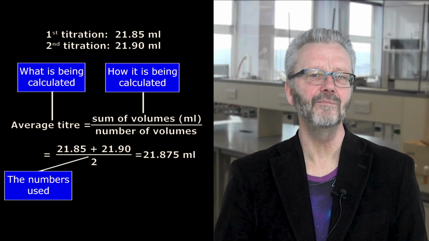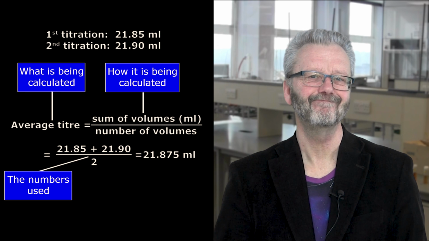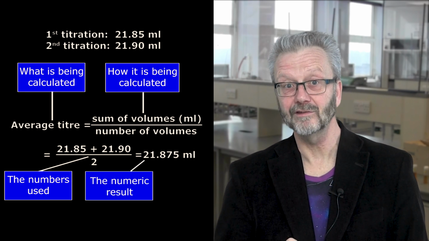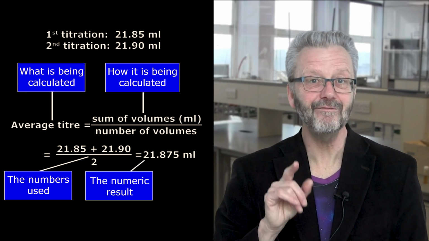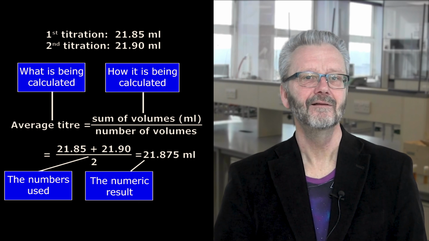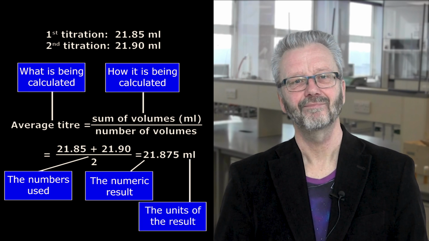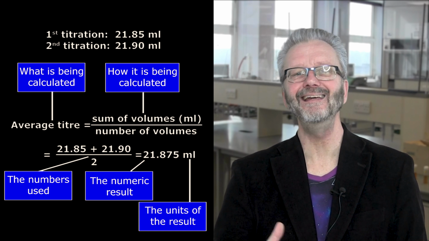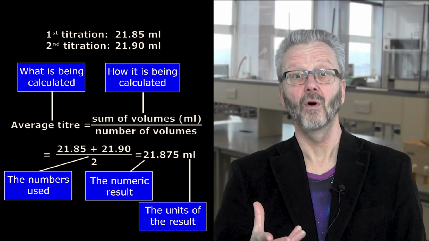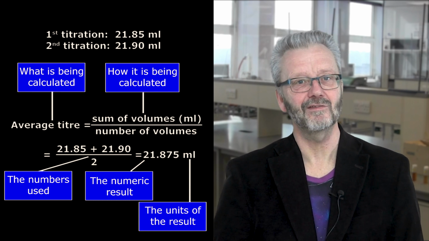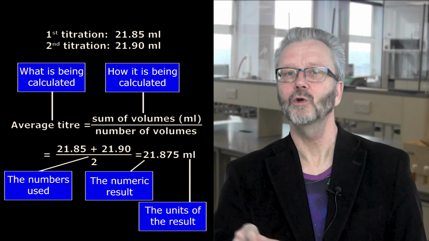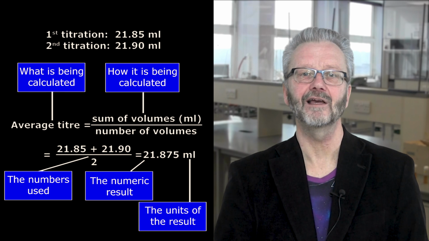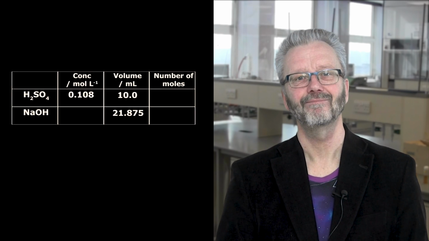Thirdly, the actual numbers used in the calculation. Fourthly, the numeric result. And finally, but very importantly, the units of the result. Like this, the reader can follow your calculations easily. Probably even more importantly, if you realise that the final answer is incorrect, you can look back and see where the error lies and then correct it.